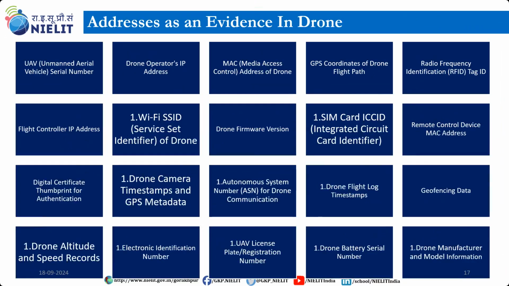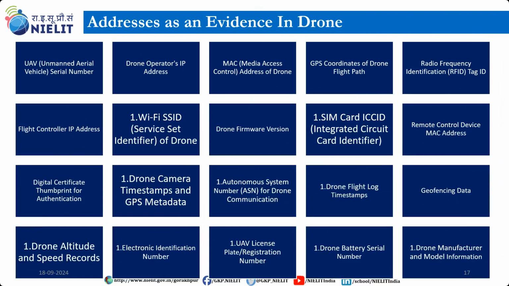Similarly, in a drone, because a drone is a device, an unmanned aerial vehicle, but there are some modules like there can be a Bluetooth module, there can be an IC card in the drone, there can be a GPS module. So there can be different types of modules present in the drone device.